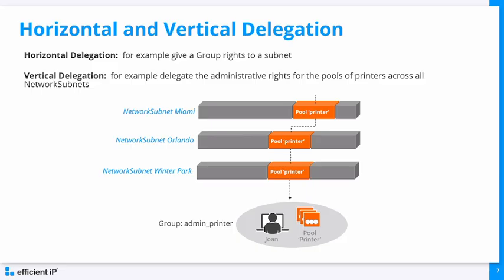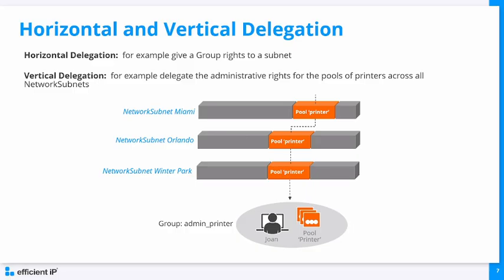So you can assign objects at any level to the group. So that's why they mentioned you can do horizontal delegation. Horizontal delegation is like what I mentioned. You can assign multiple zones of a DNS server to be managed by the group, horizontal.